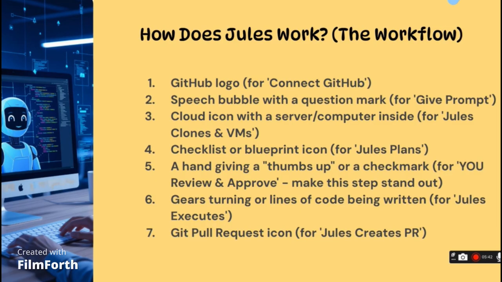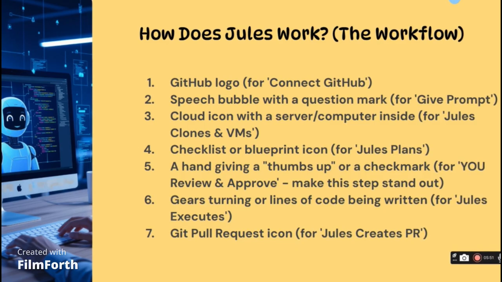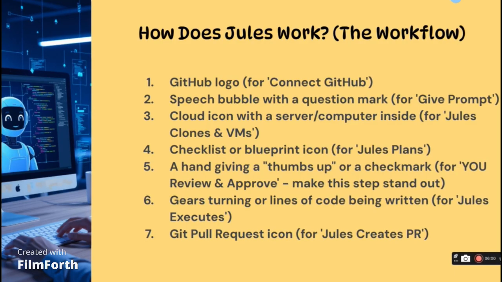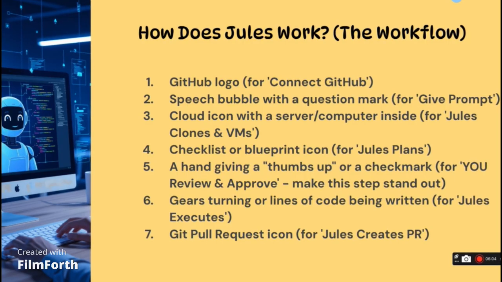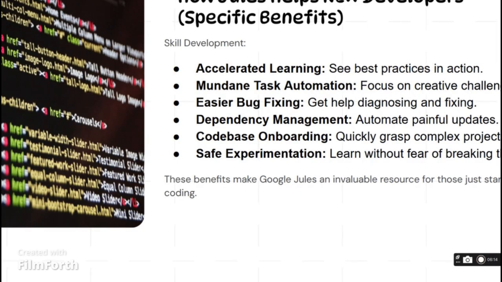For example, if someone works on your GitHub repository and makes some changes, they create a pull request for their changes. After that you review the pull request, what the code changes are. If you approve, then that code is merged in your branch. So this is the flow of how Jules works.